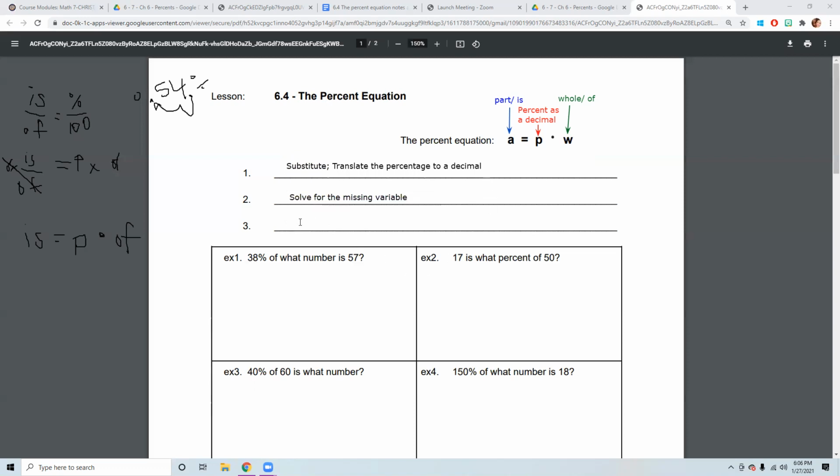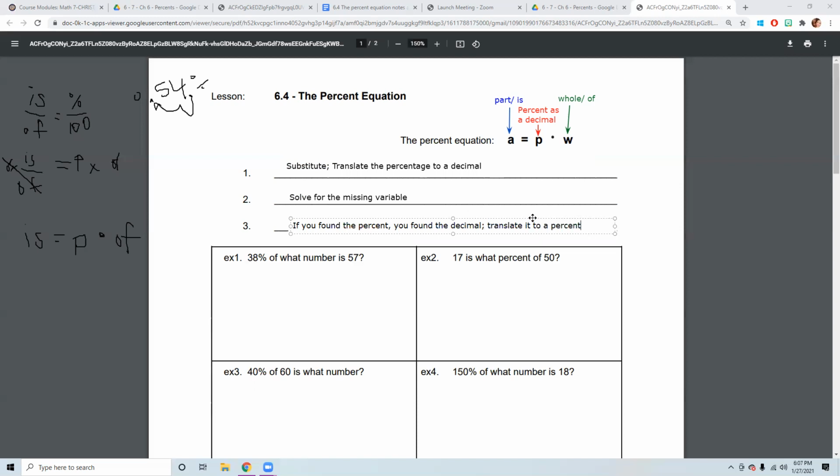The last step, number 3, is kind of just a reminder that if you found the percent, you actually found the decimal version of it. And so if you end up with P equals a number, that's the decimal version of it. And so what you need to do is translate it to a percentage.